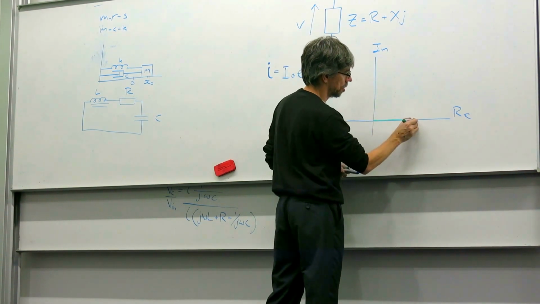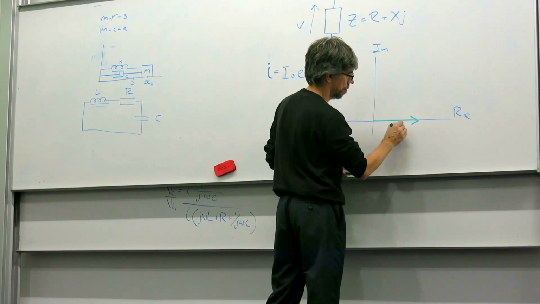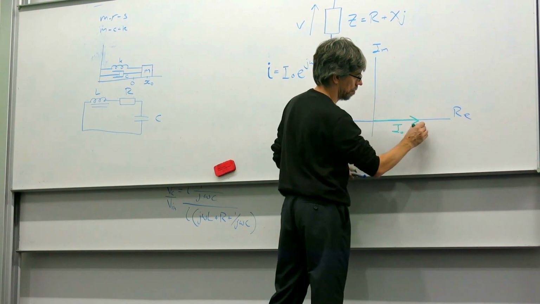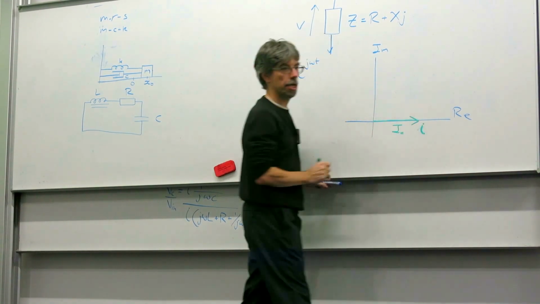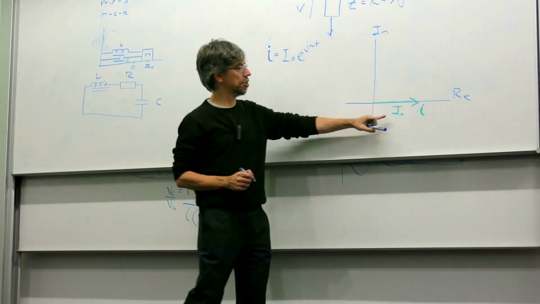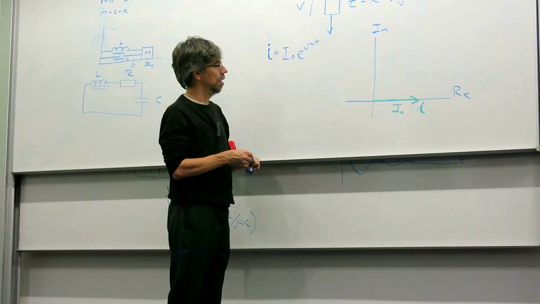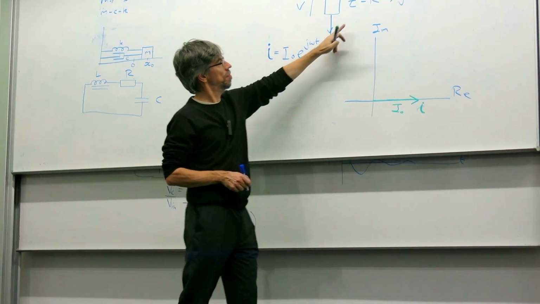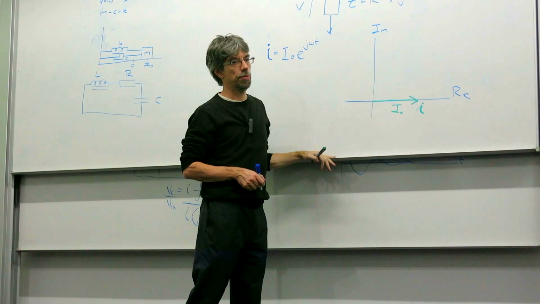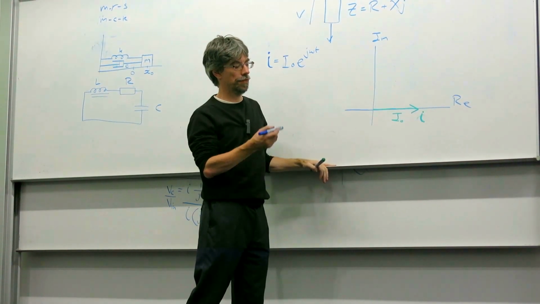Let's say the current is a complex number I, complex length I naught. So we now multiply it by this impedance Z to get the voltage V.